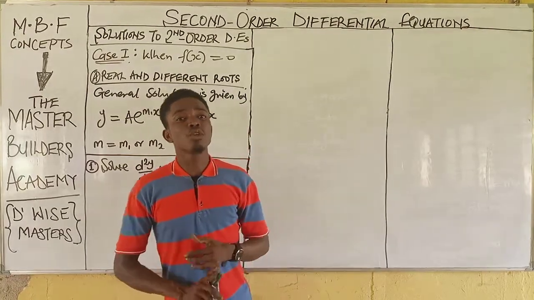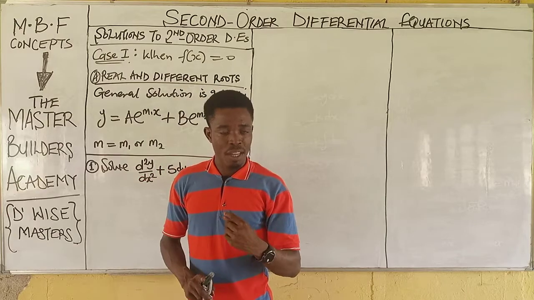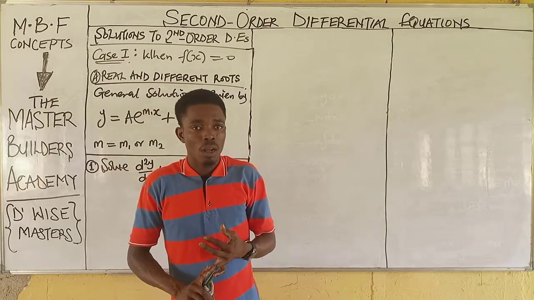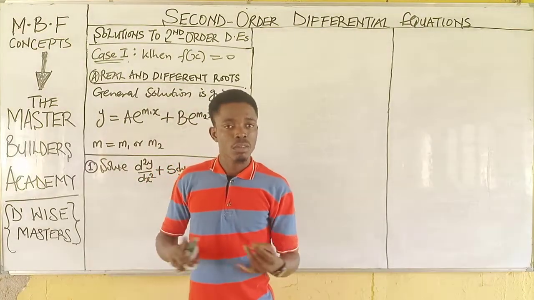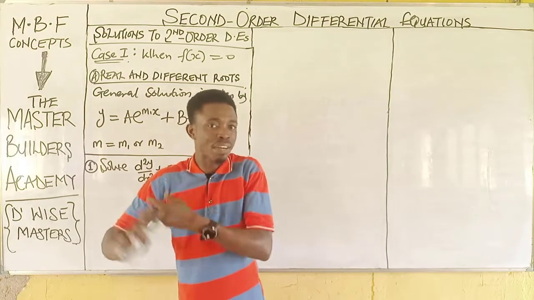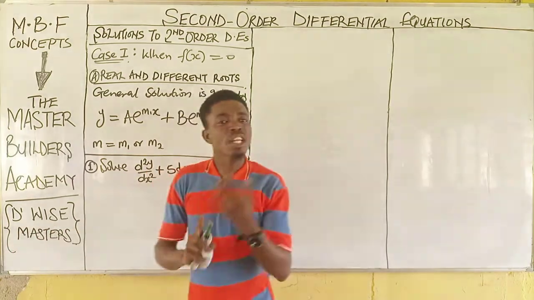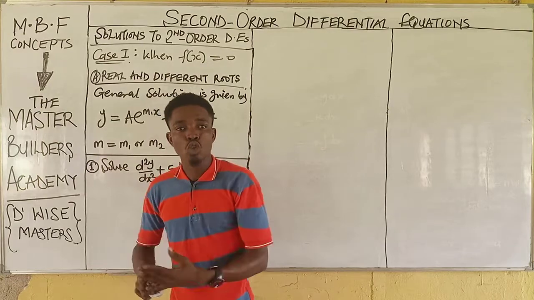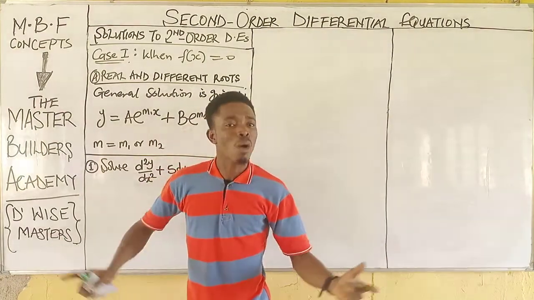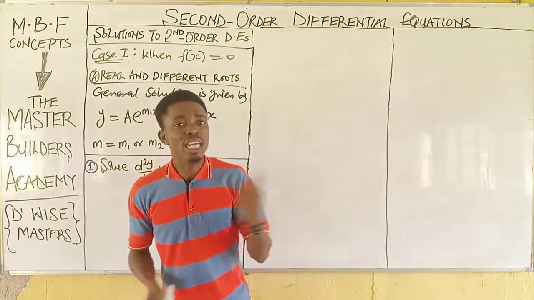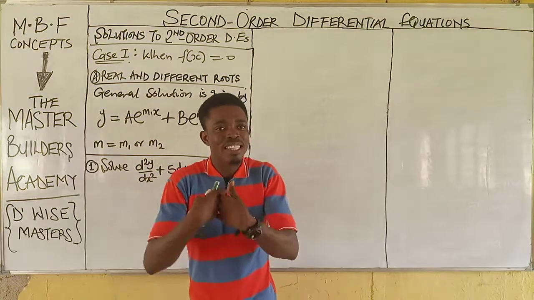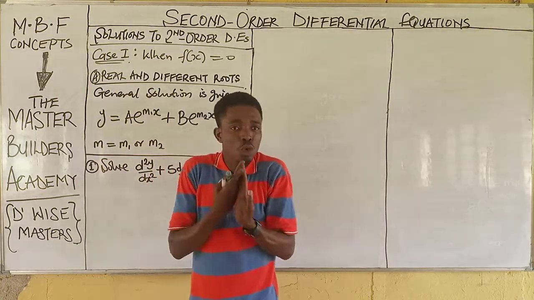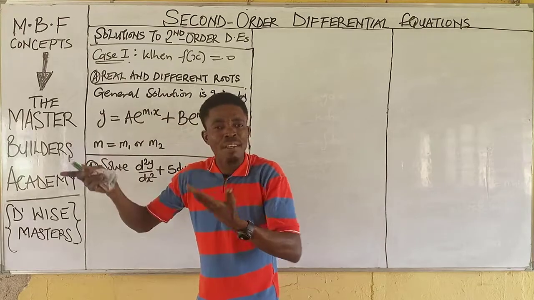So, if the roots of the equation, the two values you have, are equal roots, then you have a different solution. When you have the two roots to be real but different, you have a different solution. Equally, when you have complex results for the roots, you equally have different solutions.